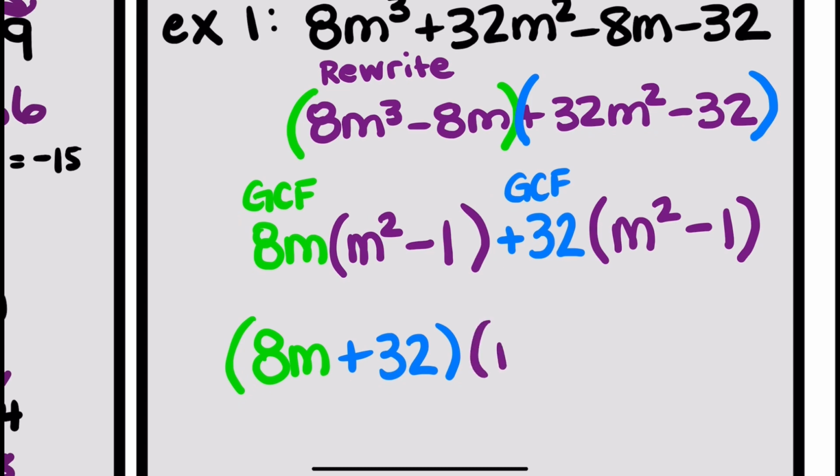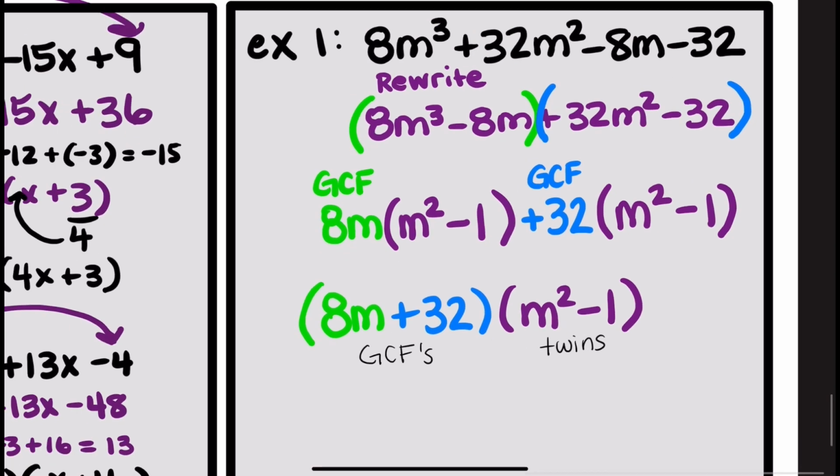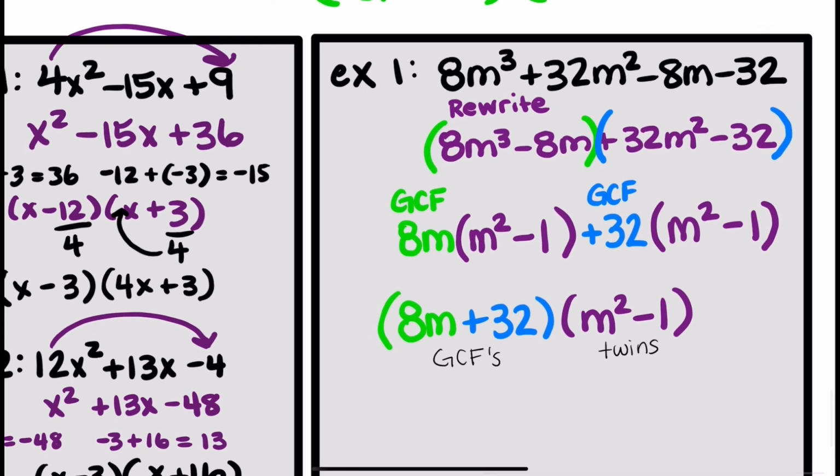So that would be m squared minus 1. And there goes your final answer, 8m plus 32 times m squared minus 1. So just reminding you again, the GCFs will be your first set of parentheses, and then the twins would be your second set of parentheses.